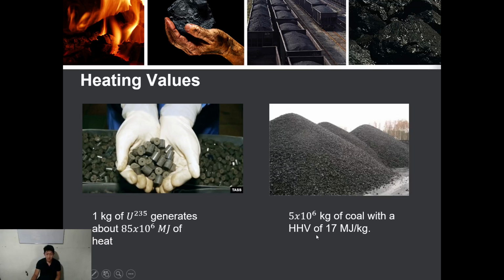You actually need 5 million kilograms, so the ratio is 1 kilogram to 5 million kilograms. Of course, the heating value used here is 17, so it is a somewhat lower class of coal. But imagine, that is why a nuclear power plant has a cheaper cost of energy compared to other sources.